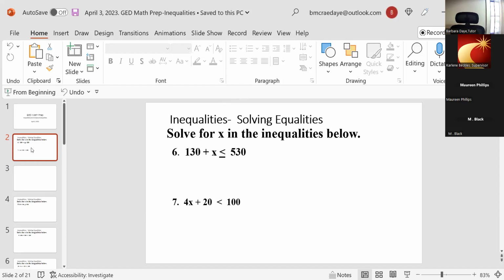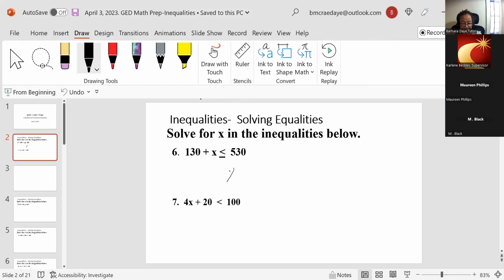I probably did it wrong. Okay, 4x plus 20. Your x is less than or equal to what number? Number 6, what's the answer? I get x is less than or equal to 400. That 400 is correct. 130 subtracted from 530.